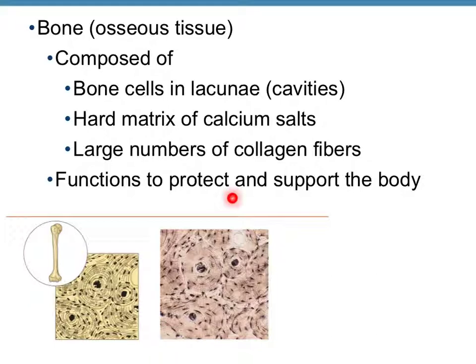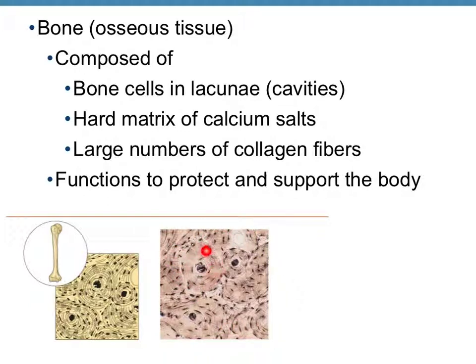But this is what it looks like. The main cells, or in other words, the primary cells, are called osteocytes, and they are found in, a fun word to say, lacunae. These are essentially cavities. They're big bubbles that house the cells inside of them. If you look at bone tissue, it's easy to identify this.